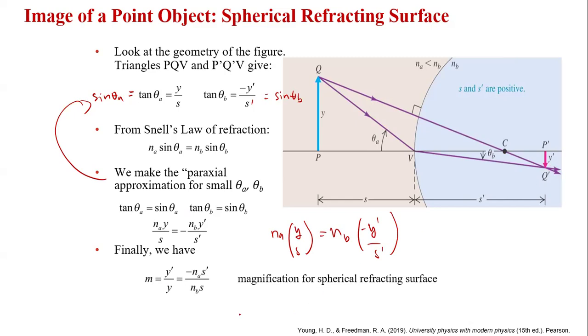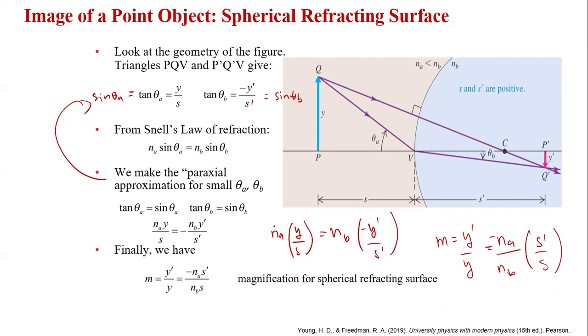Negative y prime because it's downward. So for M, equal to y prime over y, this is equal to negative n_a over n_b times s prime over s, which is equal to y prime over y, equal to m.